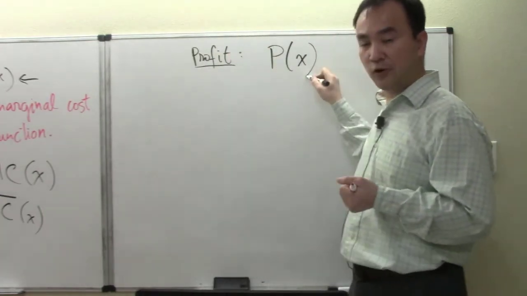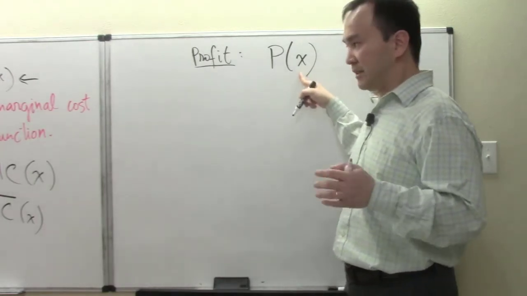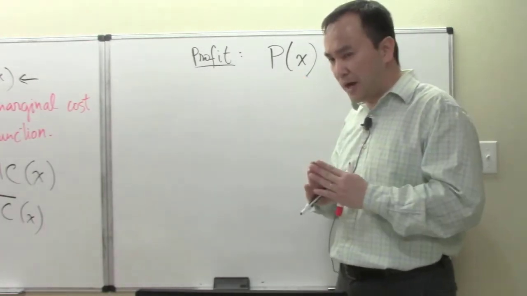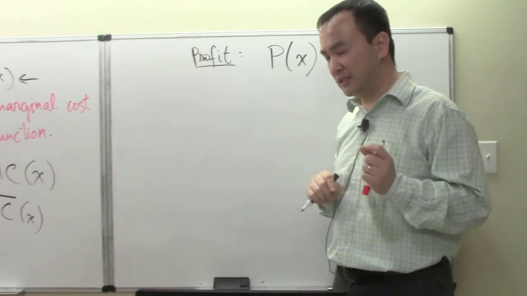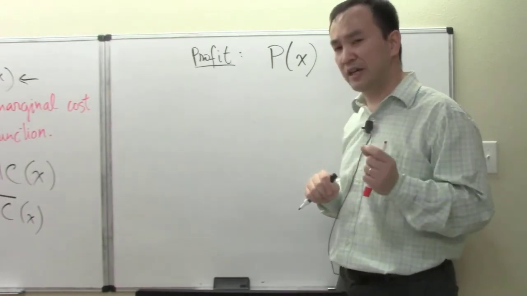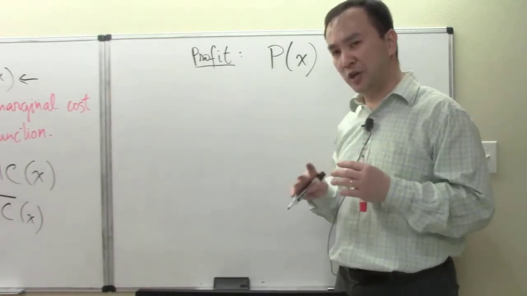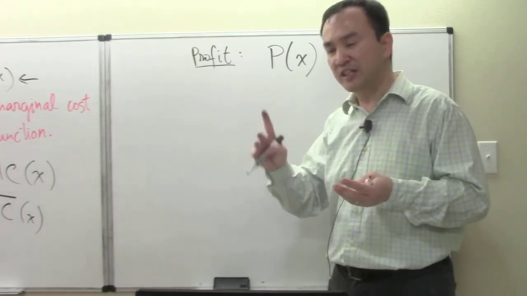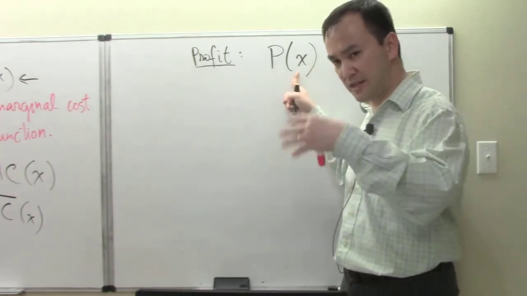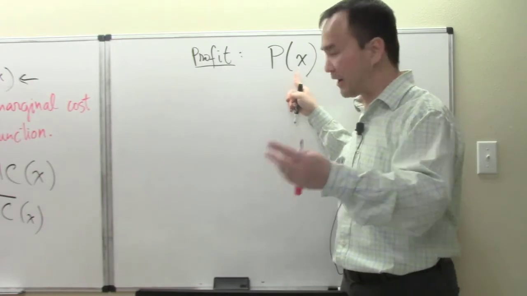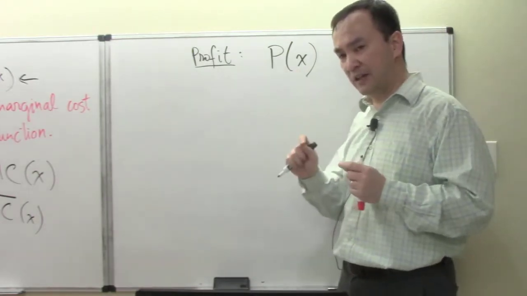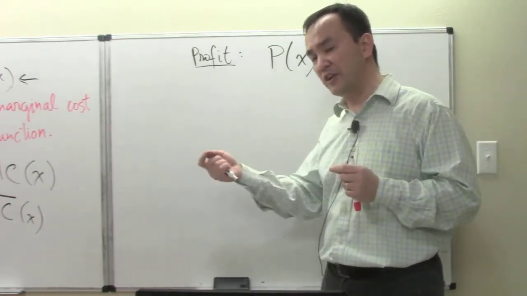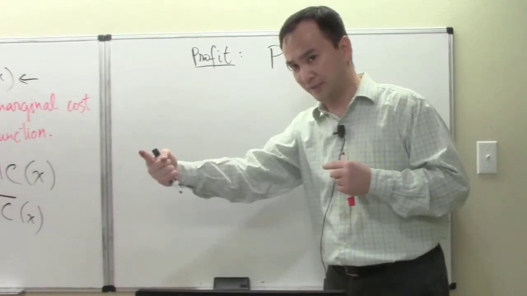Capital P is for profit. At this point I have to mention more specifically that when we're looking at marginal, we first have to set our function in terms of the units either being sold or being produced, because it's for the additional cost or the additional revenue from one more unit.